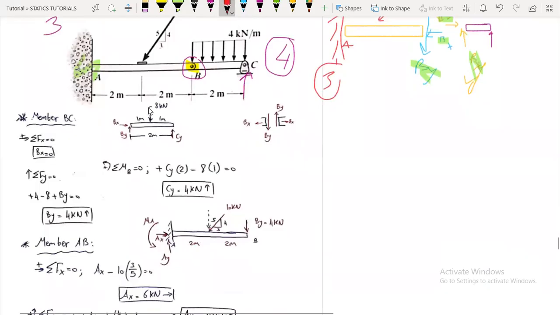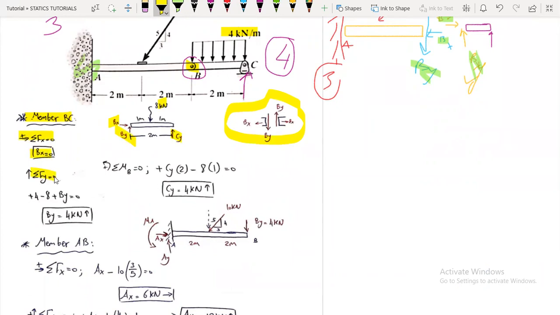So here we take member BC, okay? We have this load, so the resultant will be 4 multiplied by 2, which is 8 kilonewtons. It's acting in the middle, so 1 meter, okay? And here are our unknowns, Bx, By, and Cy. So taking the summation of x, we will get Bx equals to 0.